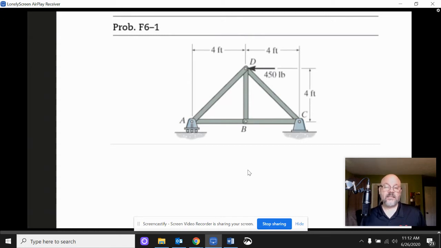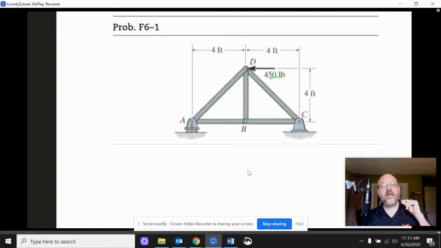What I was saying was, no matter what method you're using, you need to begin with the external forces. Our external forces, we've got that 450 right there. It's an applied external force. The other external forces that we're going to have are reactive external forces.